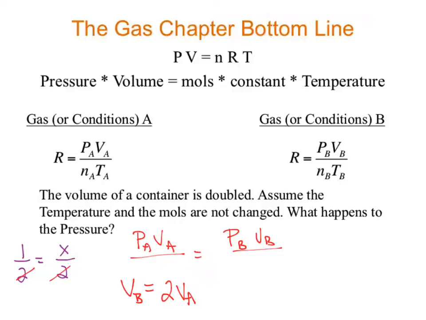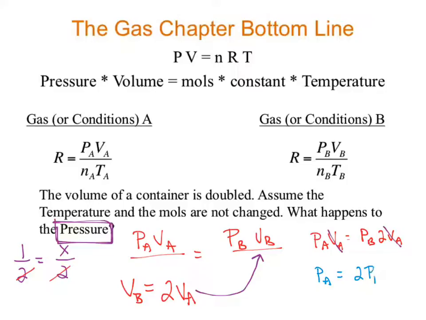What are we solving for? Pressure. So you have pressure, and you're doubling volume. We can substitute in. What happens? PA VA equals PB times 2 times VA. What happens with the VAs? They cancel out. And what do I see? Pressure A equals twice pressure B.